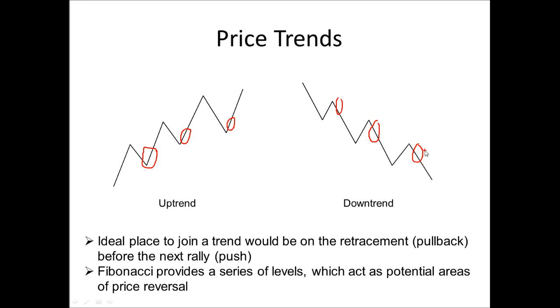So Fibonacci retracement provides a series of levels which act as potential areas of price reversal, or potential levels of where a retracement will become a rally, or a pullback becomes a push.